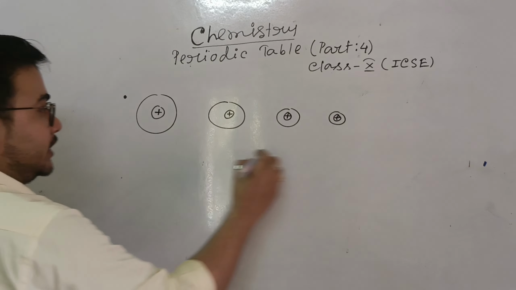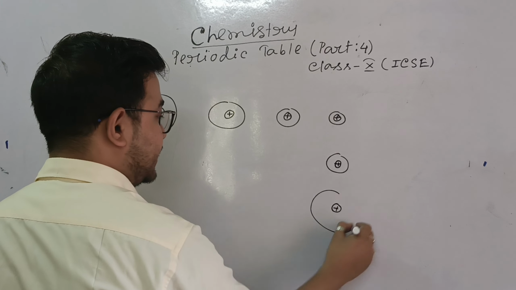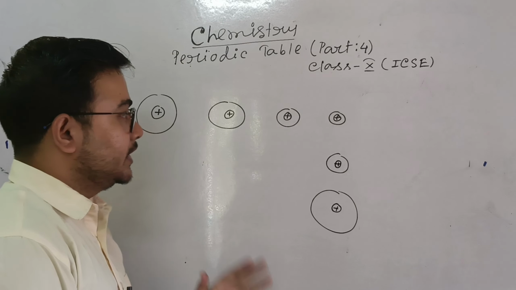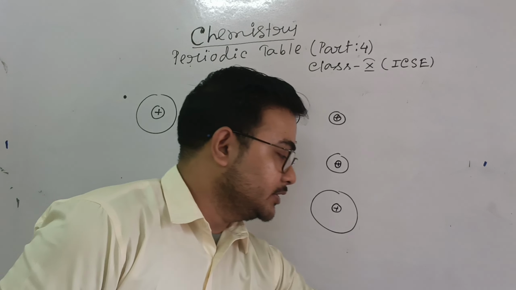As we move downwards, atomic radius slowly increases. That cause I already discussed in part 3. Now one exception is there. What exception? Look at the board.